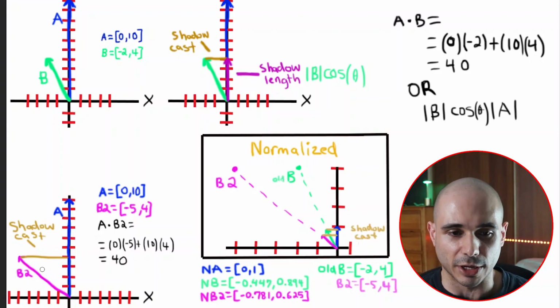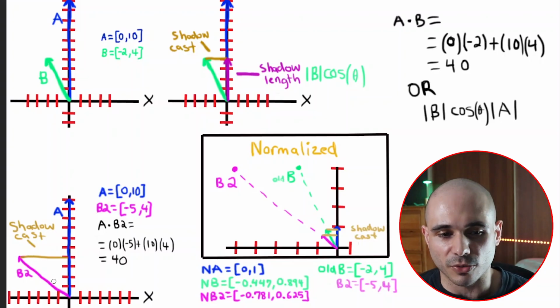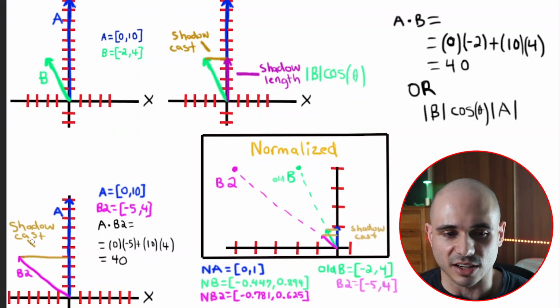So it just moved three spots in the X direction, and it's still in the same spot in the Y direction. So it's a longer vector. It has a different angle, but we can see that when we take the shadow cast here, it's actually casting the exact same shadow length onto A.